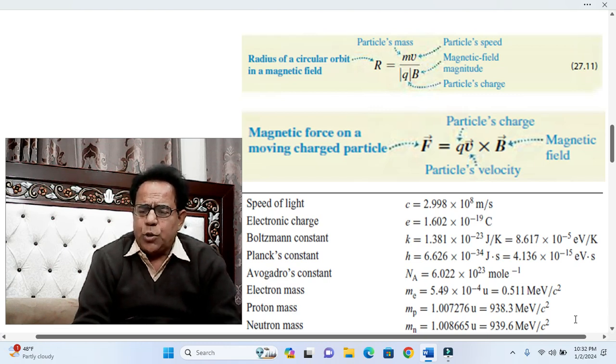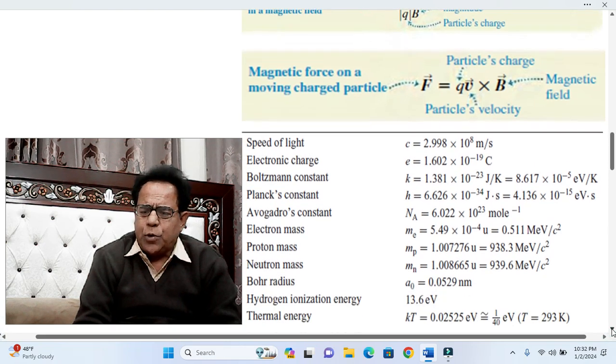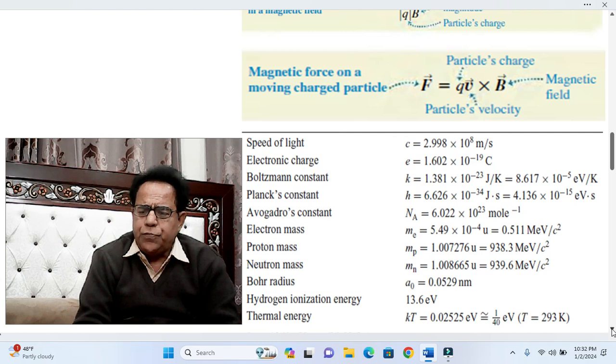Next snapshot repeats a similar philosophy. The magnetic force on a moving charged particle is F equal to qv cross B, where q is the particle's charge, v is the particle's velocity, and B is the magnetic field.